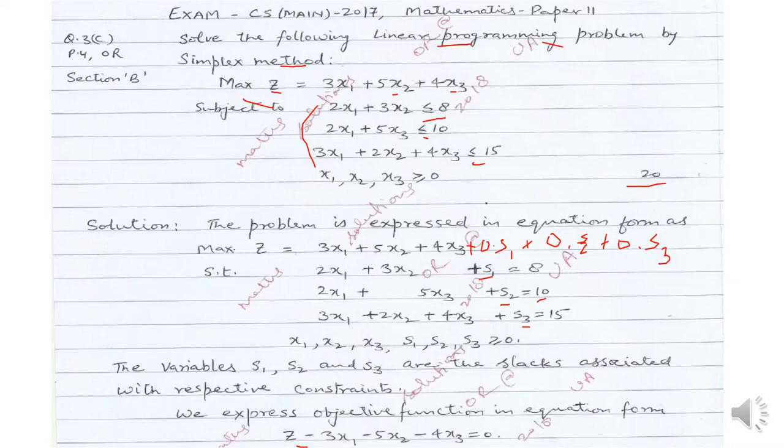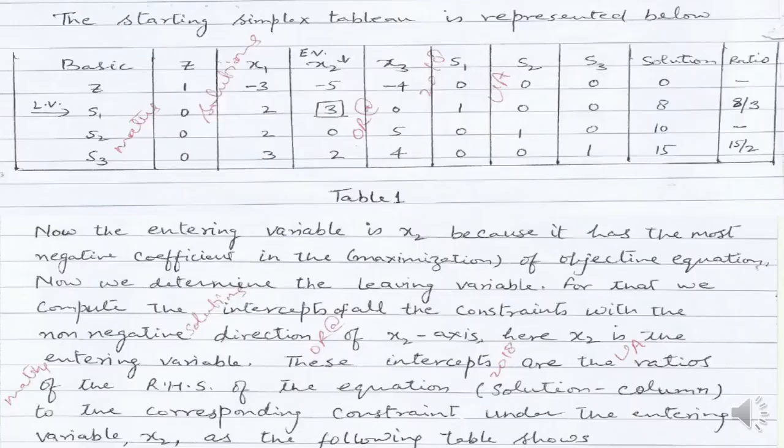Here we can write minus 0 into s1, minus 0 into s2, minus 0 into s3 to make it more appropriate, to show that s1, s2, s3 are also in consideration, because we will be writing their coefficients in the table when doing the calculations for the simplex method.